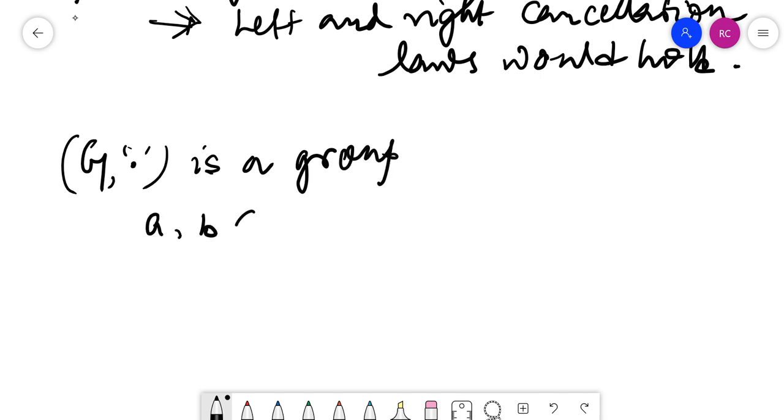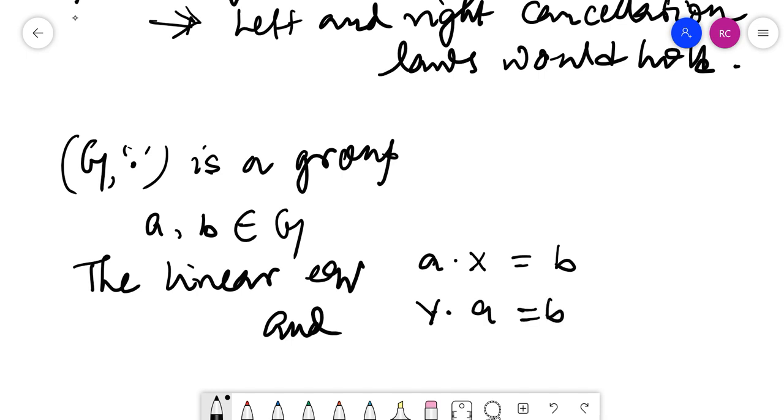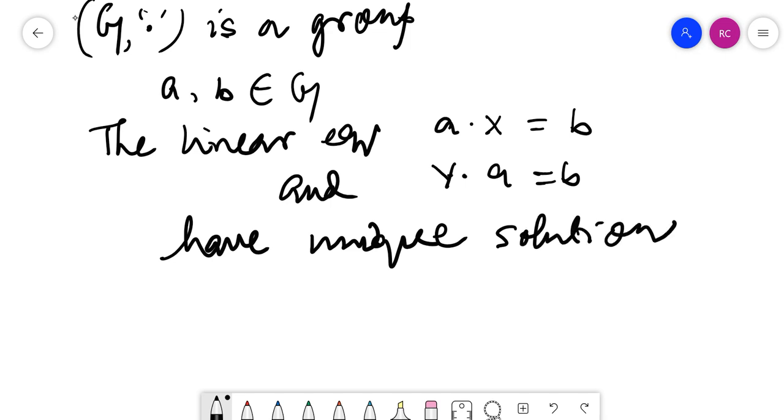And A and B are elements of G. Then the linear equations A dot x equal to B and y dot A equal to B have unique solutions, right?